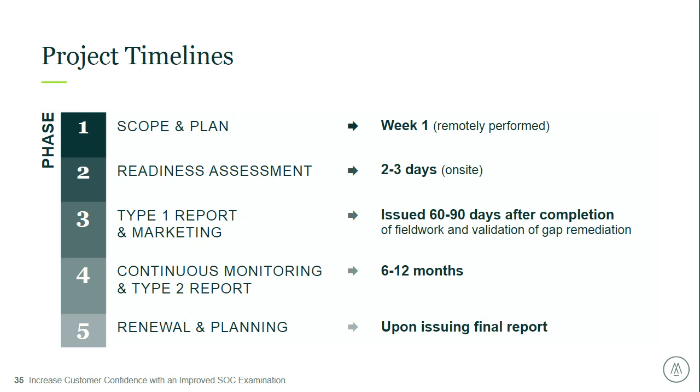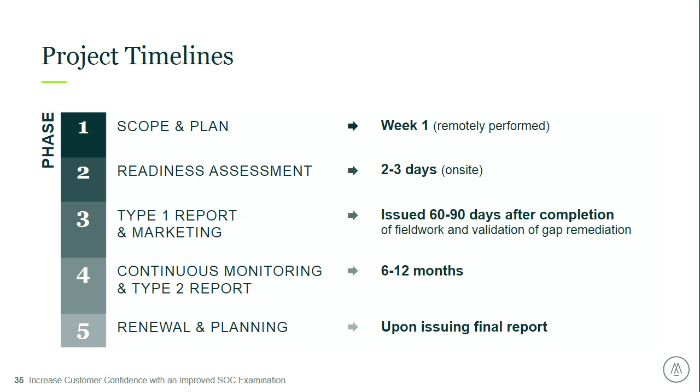For type 1 report, this report is a point in time, as Raveen mentioned earlier. It takes typically around 60 to 90 days after the completion of the field work. And then for the actual type 2 report, which is the report that covers a period of time, it's typically 6 to 12 months, the same amount of time it takes to issue that report, 60 to 90 days.